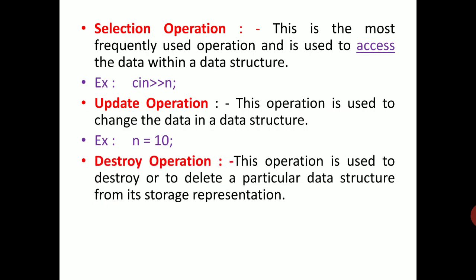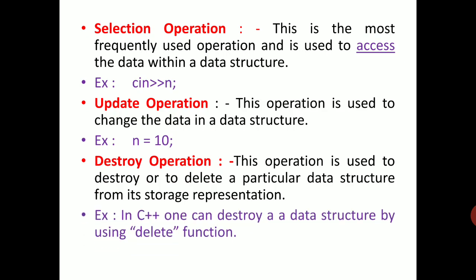And the last one is the destroy operation. This operation is used to destroy or delete a particular data structure from its storage representation. That means we are deleting that existing data structure.